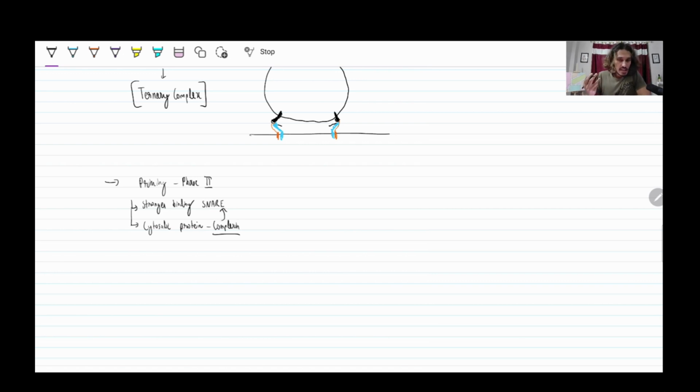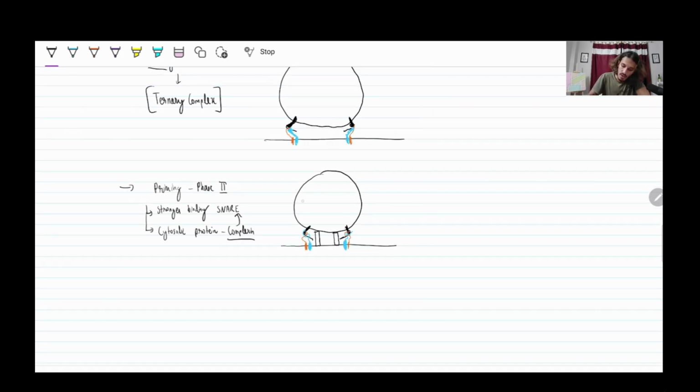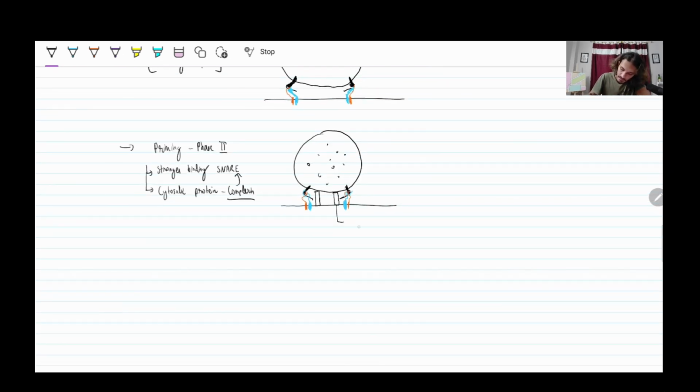So what it essentially does is prevent the fusion and release of the neurotransmitters. Okay, so you can see a tighter complex being formed. So just for a diagrammatic representation, I'm just going to draw one structure over here. Okay, as if something is there to prevent the fusion of this neurotransmitter containing vesicle, and that is your complexin.